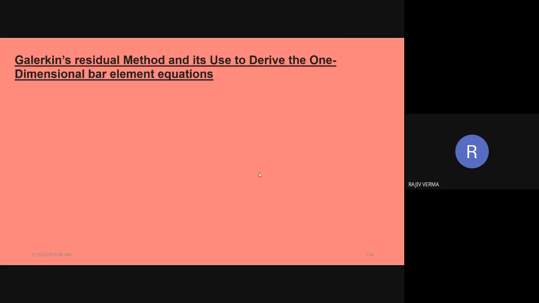Now in the remaining slides we are going to apply the Galerkin weighted residual method for the governing equation at hand.